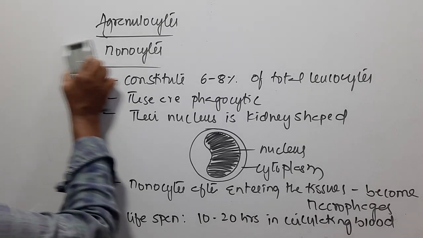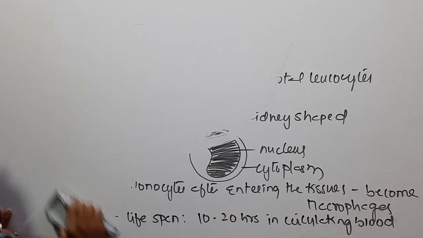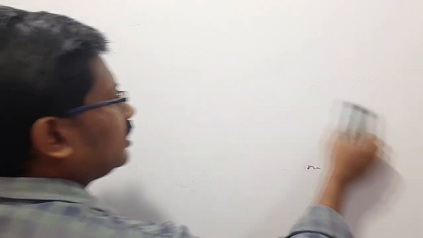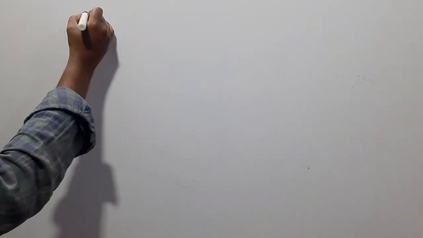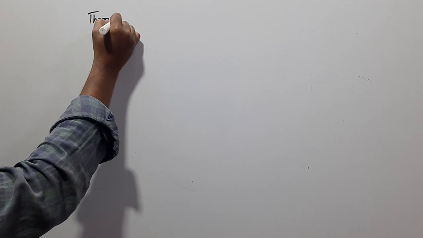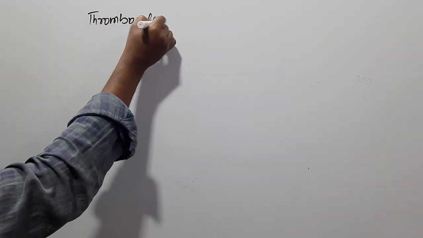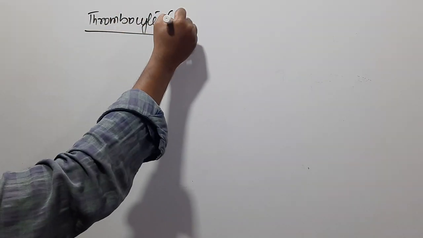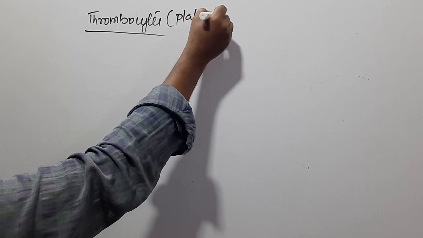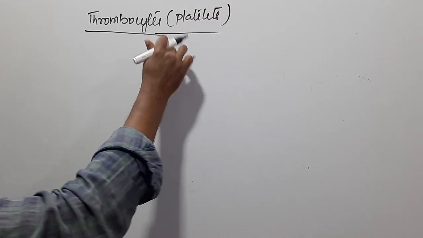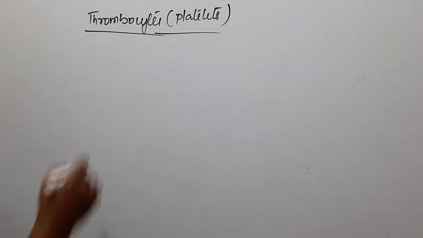So that's all about these monocytes, and together the agranulocytes. The next one we shall see about thrombocytes. So they are the platelets, and these are formed from the megakaryocytes.